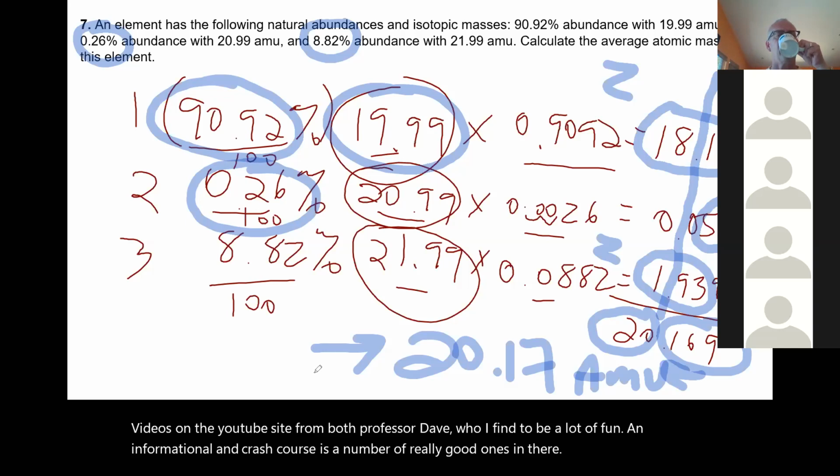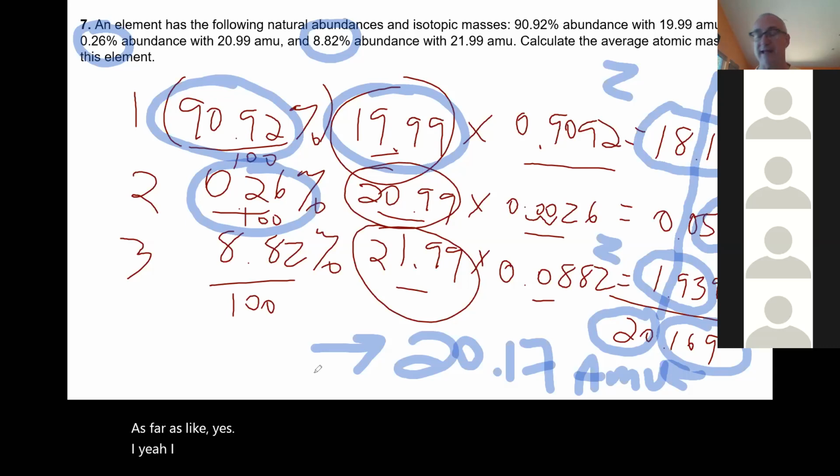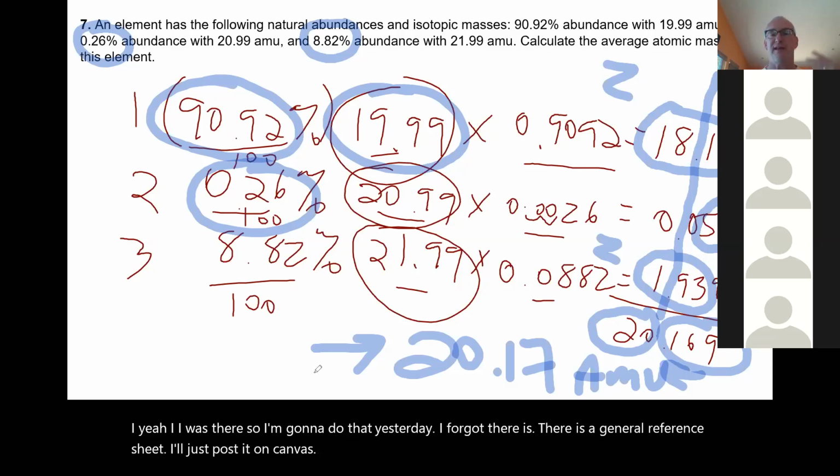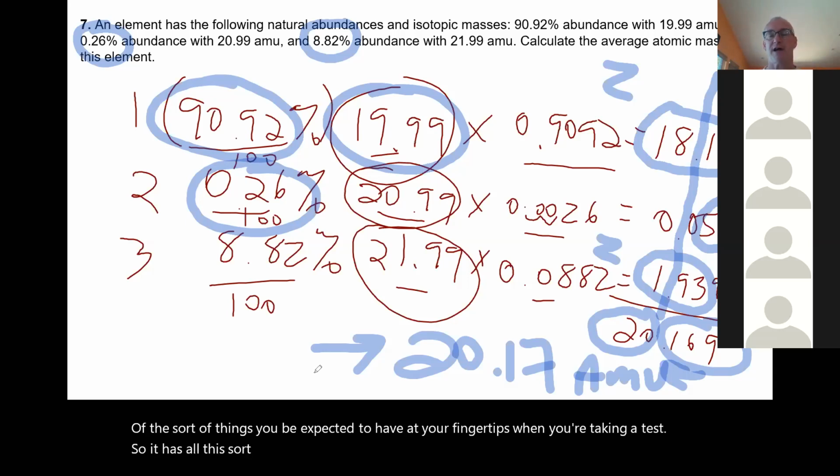I have a question. Will you be providing a reference sheet? Yes. I said I was going to do that yesterday. I forgot, but yeah, there is a general reference sheet. I'll just post it on Canvas of the sort of things you'd be expected to have at your fingertips when you're taking a test. So it has all this sort of information, like the isotopic mass.